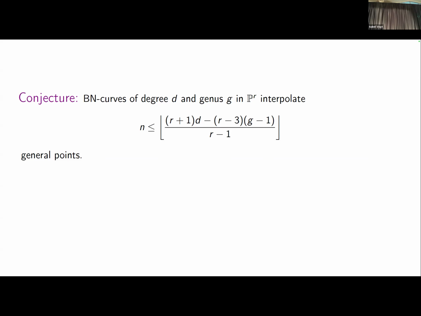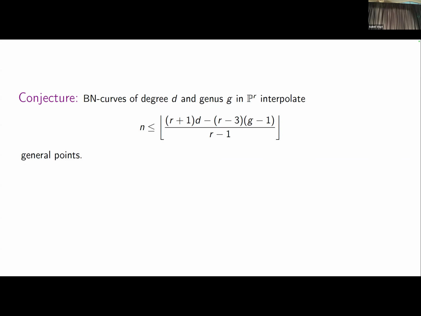There are other components of the space of maps. Could those also dominate in this case? Is that the question? Yes. In fact, we have examples where they interpolate more points than the Brill-Noether component in the Brill-Noether range. I can tell you this example afterwards if you want. Okay. So hopefully this conjecture is clear.